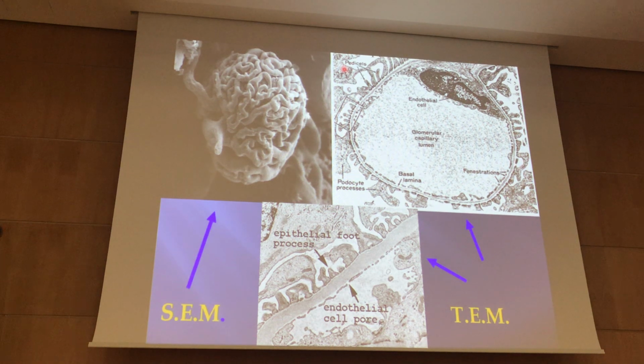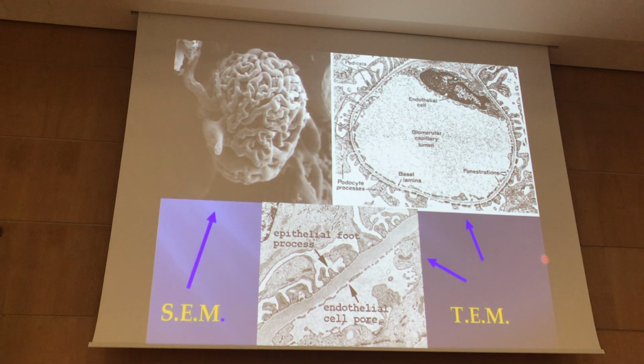The epithelium, which is visceral epithelium, has podocytes. Somewhere you can see a nucleus, which is not identified here, but this is basically the whole cytoplasm of one visceral epithelium. And the cytoplasm is expanded in such a way that it is holding the blood vessel like this one.